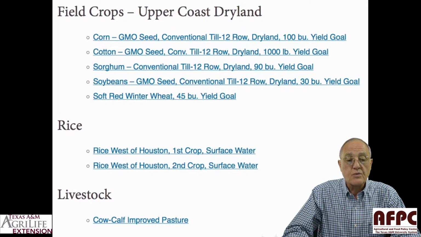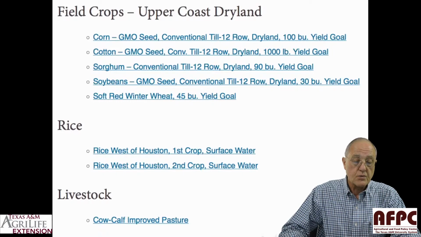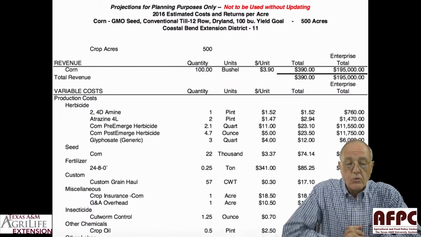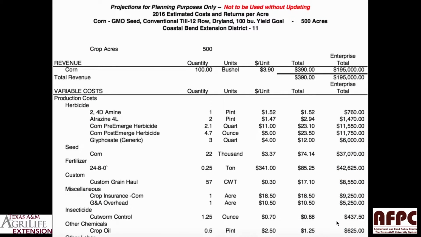I'm going to talk about one budget here for just a few minutes, but you can pull budgets for all of the different crops with different yields, and you can use that as an input. What I have here is the corn GMO seed conventional tillage 12-row dryland 100 bushel yield goal for 500 acres.